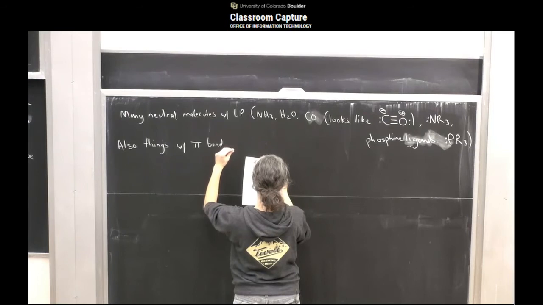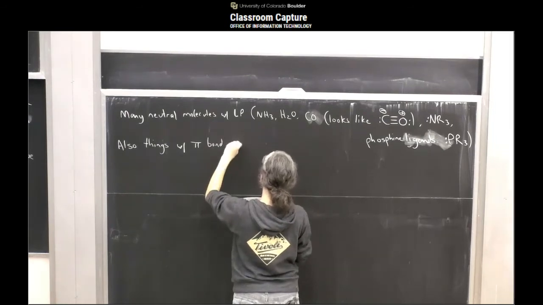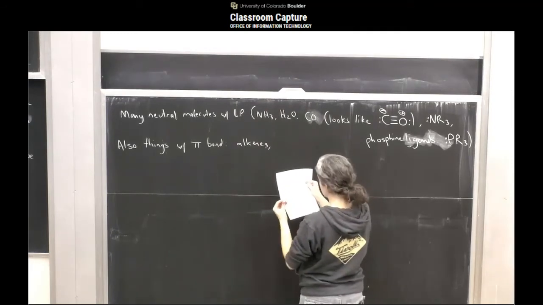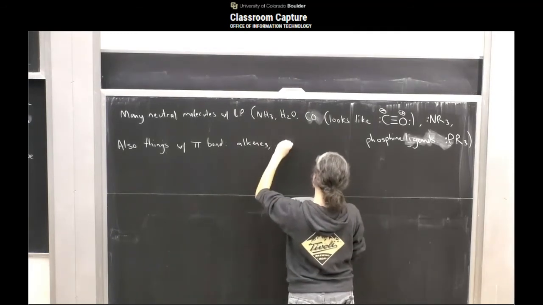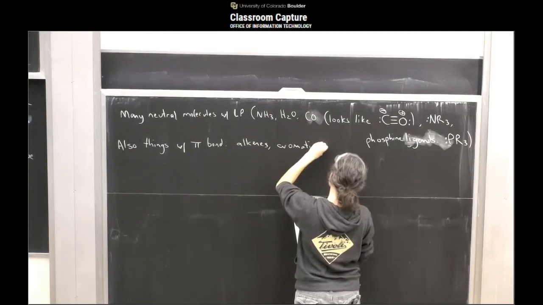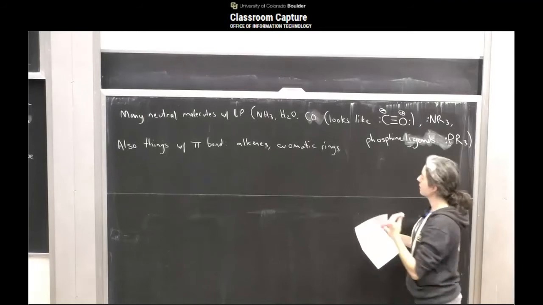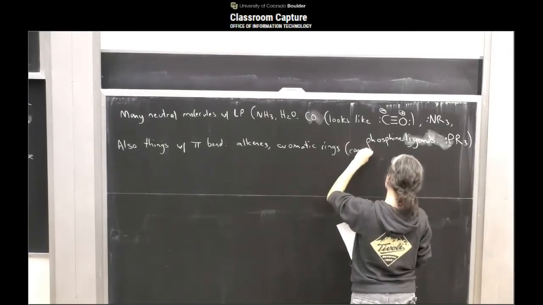So alkenes and also aromatic rings. And aromatic rings can actually donate from all 3 of their pi bonds at once.